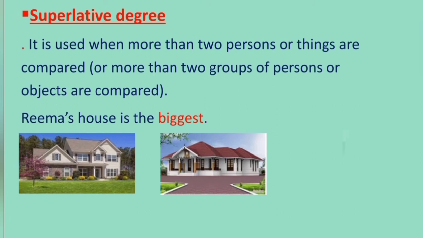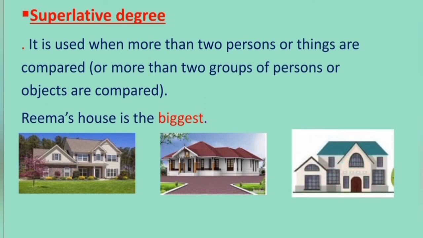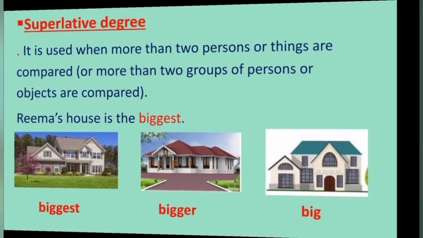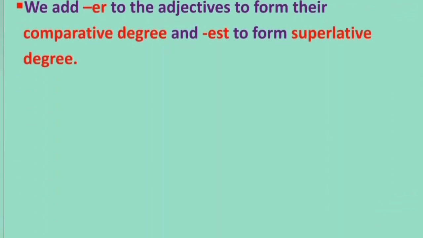Here you can see there are three houses, and among all these houses, Rima's house is the biggest one. So here big, bigger, biggest. These words are in degrees. Big is positive, bigger is comparative, and biggest is in superlative degree.